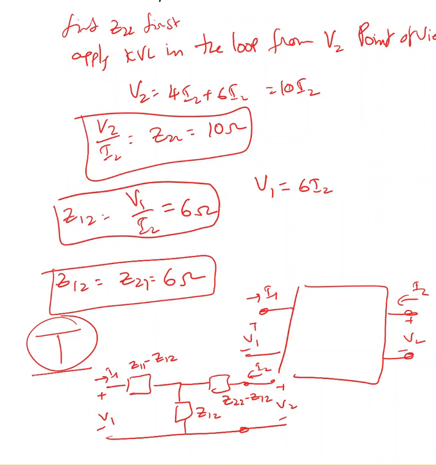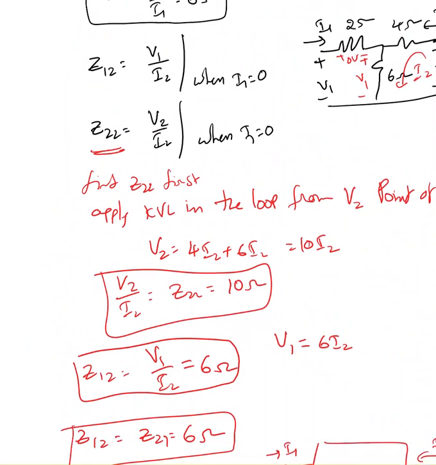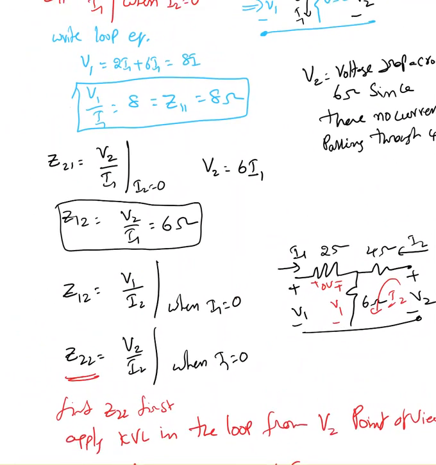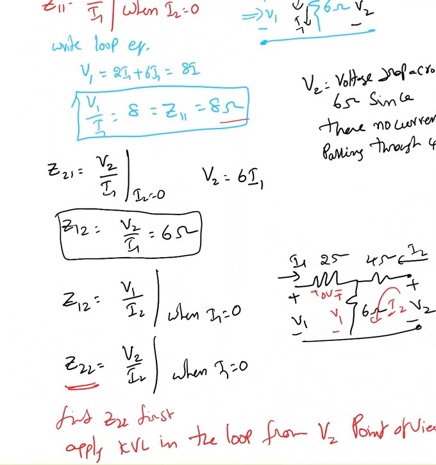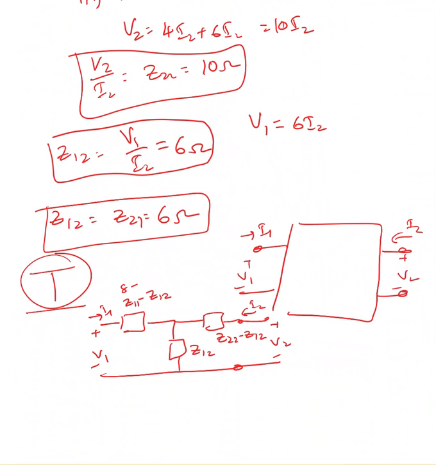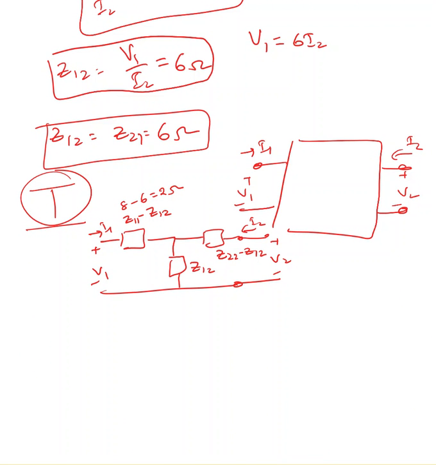If you substitute these values, if you remember, I have Z11 equal to 8 ohms and Z21 6 ohms. So here 8 minus 6 is 2 ohm, and Z22 minus Z12, which is 10 minus 6, is 4 ohm. And Z12 is 6 ohm.